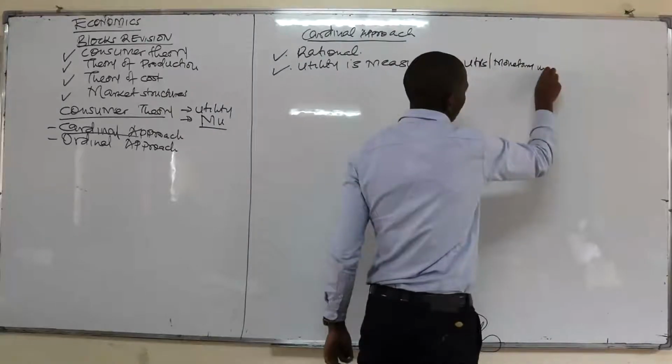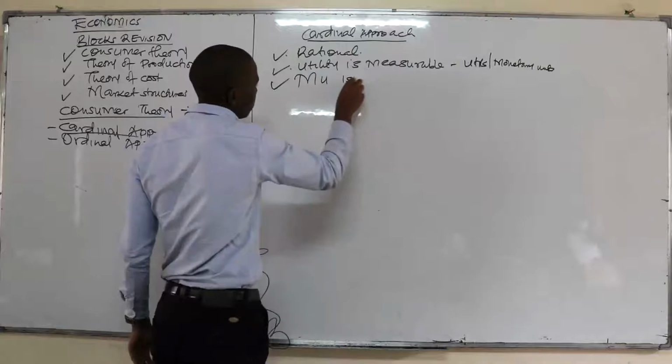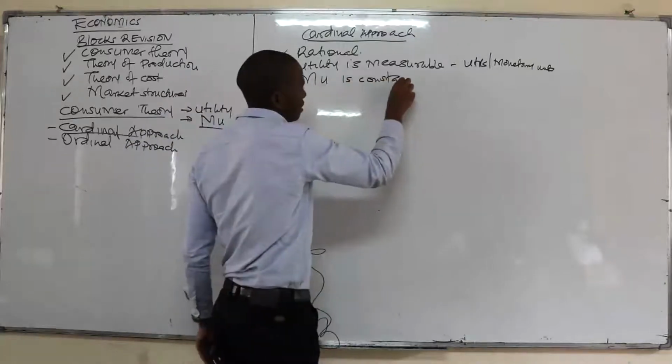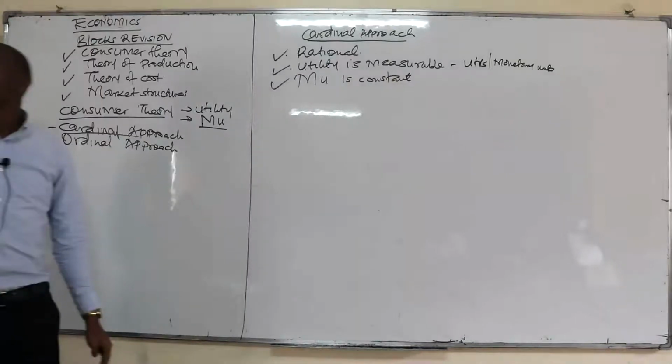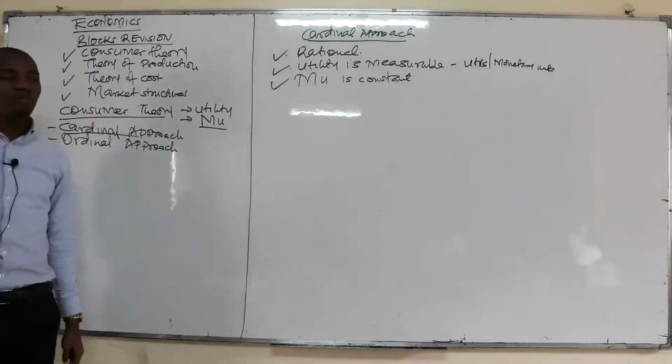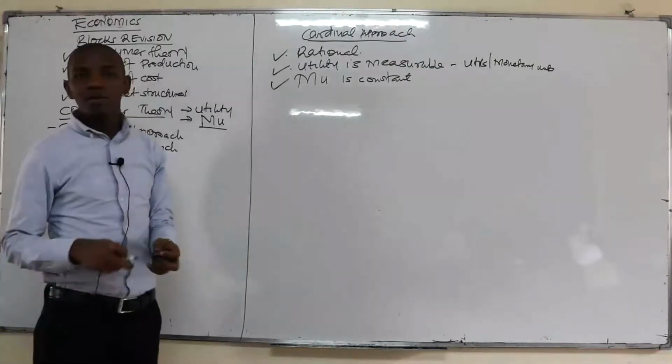And then the third one, the marginal utility is constant. What we mean is that the extra satisfaction from an extra unit of a commodity will be constant. Are we together?